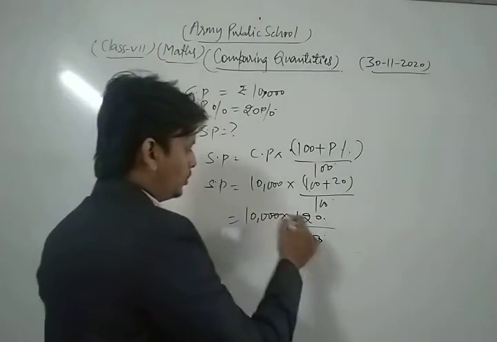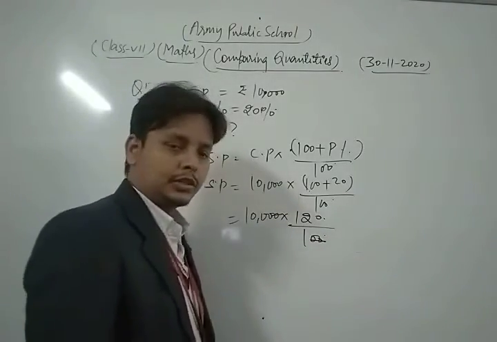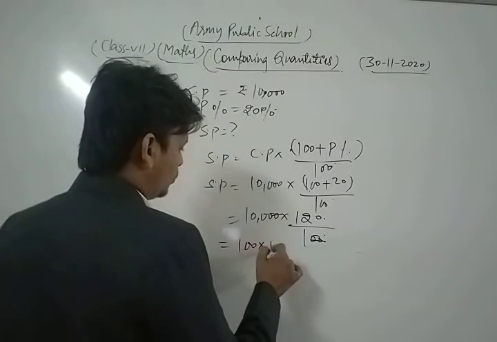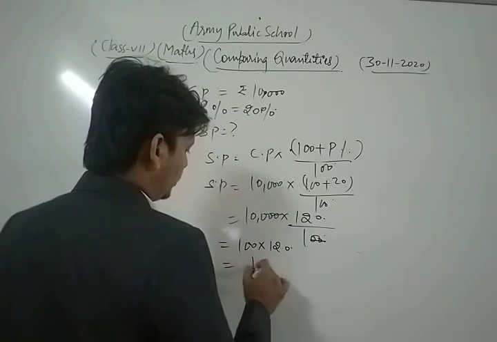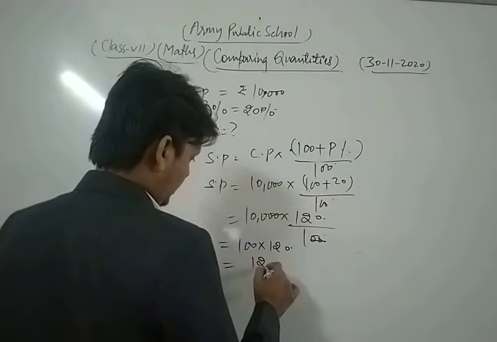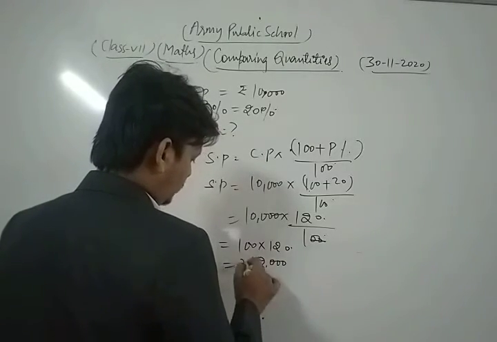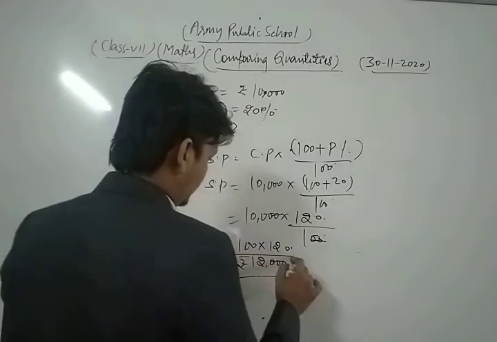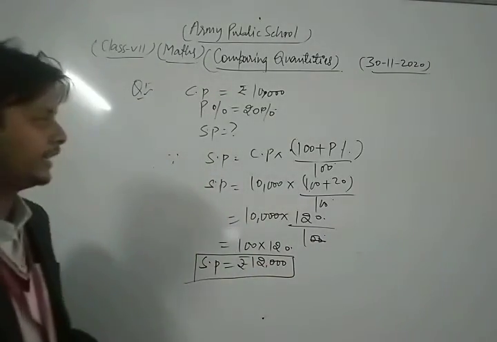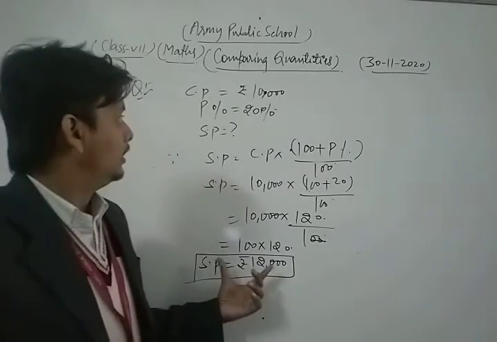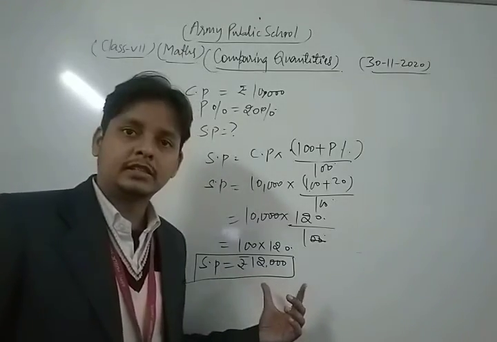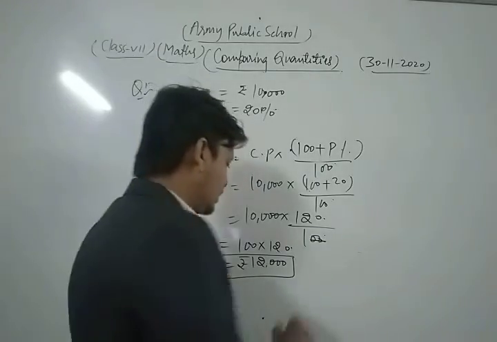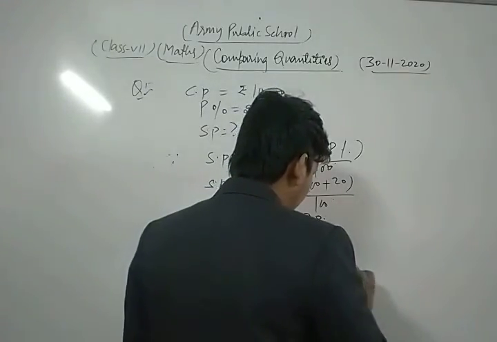Now let's see, 20 and 20 cancel to each other, so we get 100 into 120, so we get 12,000 rupees. Thus, dear students, in this way the selling price of that TV is equal to rupees 12,000. This is our required solution of the given question.